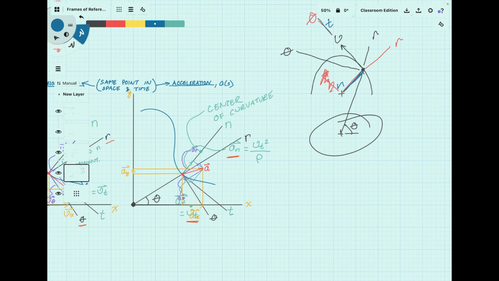Then that vector in the direction you solve it for is your acceleration, and all you have to do is map it back to this frame of reference. That's how you solve this problem. That's how you solve a lot of very unique and kind of interesting problems in dynamics.